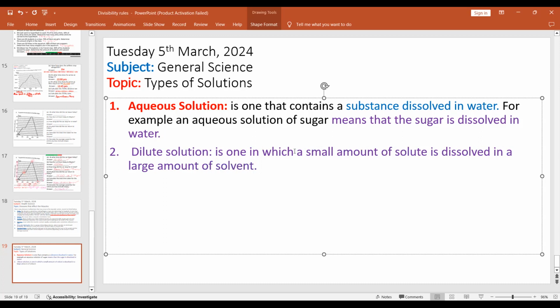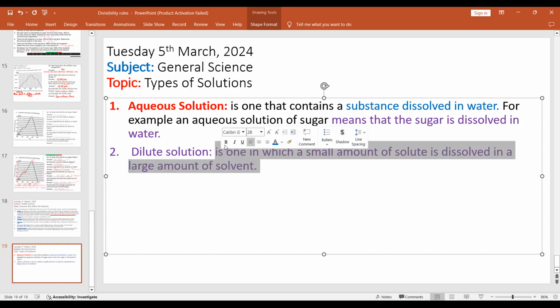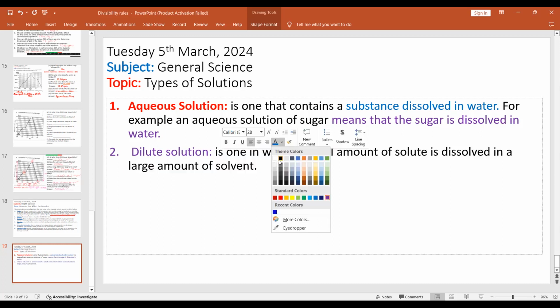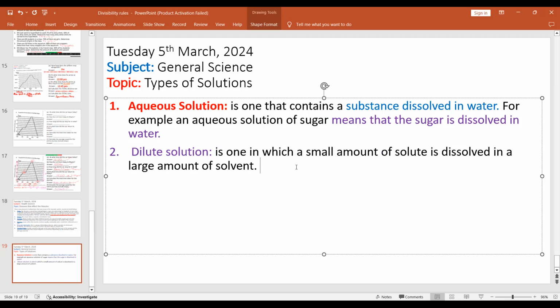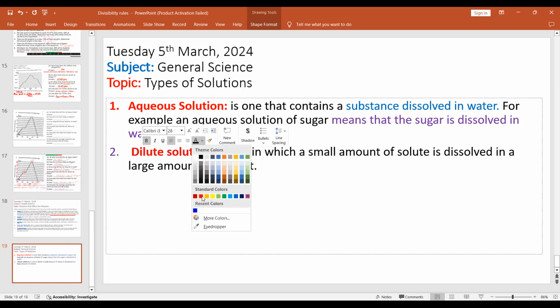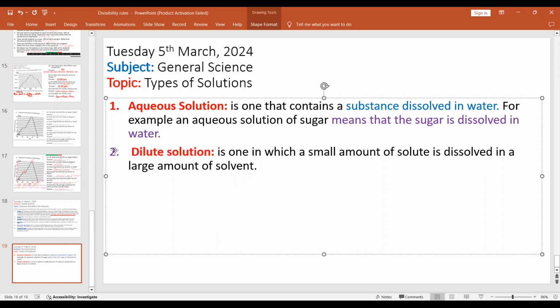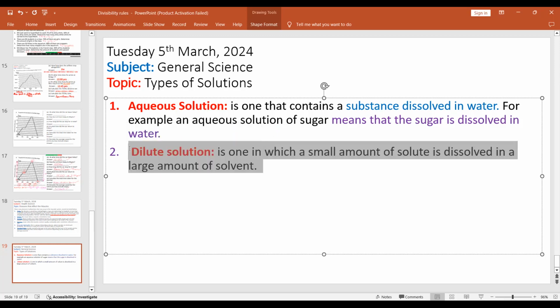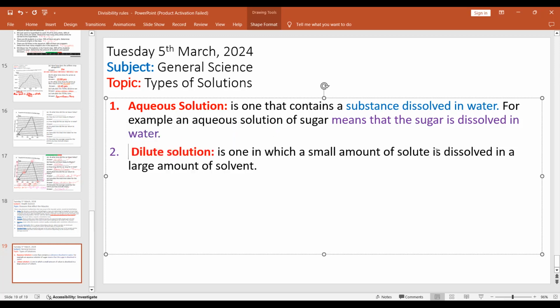That's what we mean by dilute solution. A small amount of solute is dissolved in a large amount of solvent.